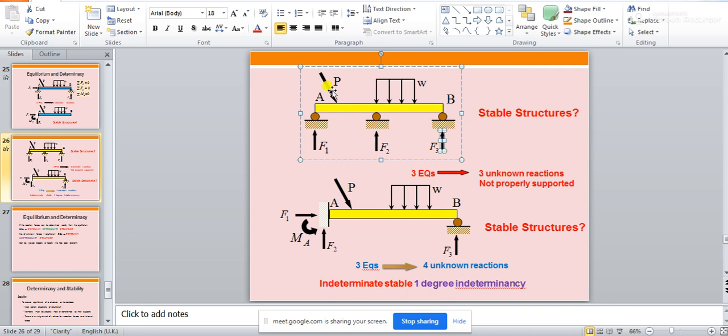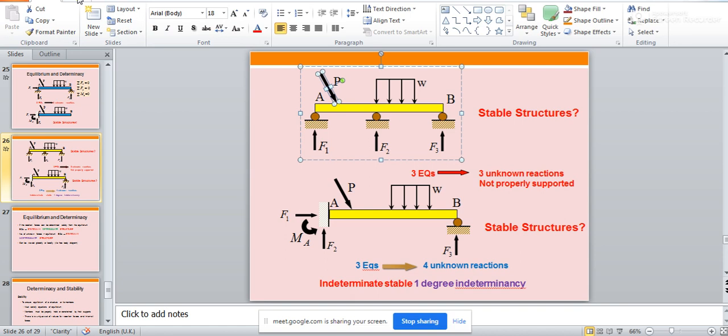But you see, there is an inclined force acting over here. If you resolve this inclined force in the x direction and y direction, what is this x directional force going to do to this beam member? It will try to push it. Basically, I will just show you using this.